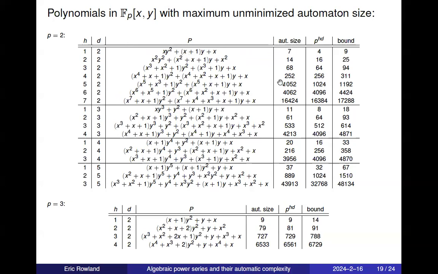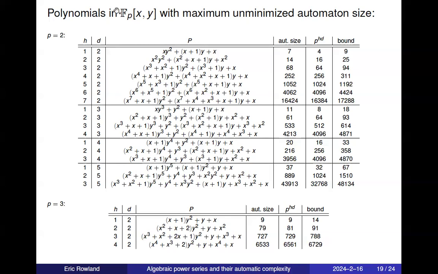This is the automaton size that you get, and this is p to the hd. So you can tell that the automaton size is slightly larger than p to the hd, and so you need that little o of 1 term. That little o of 1 term you can't just get rid of. There is something there, but it's the same order of magnitude, and so this is why we think the bound is the right bound asymptotically.